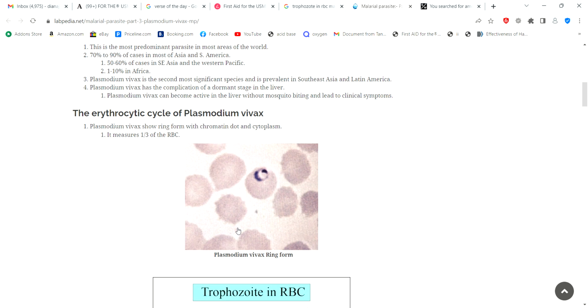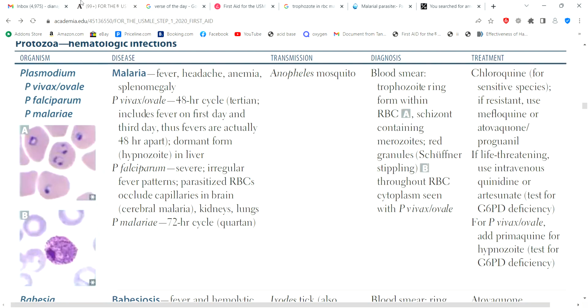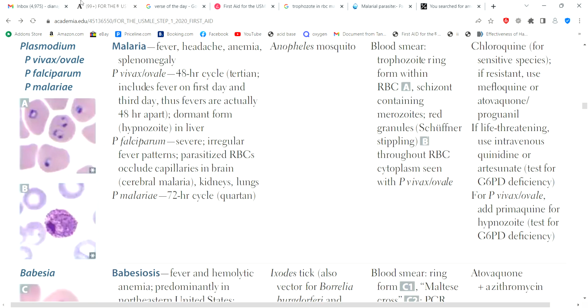Okay, so we're gonna get into the way it happens, the first way how malaria enters the body.